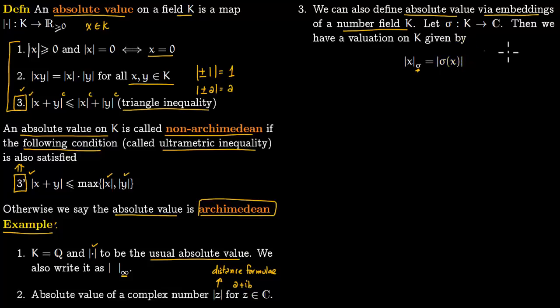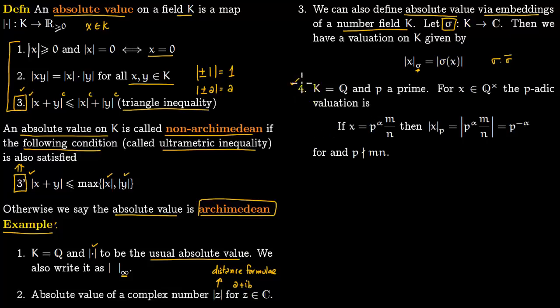Sometimes this is also squared, because it could be written as sigma times sigma conjugate. In fact, you could ask how many different valuations I can put on a number field, and the answer is precisely as many as you have embeddings.